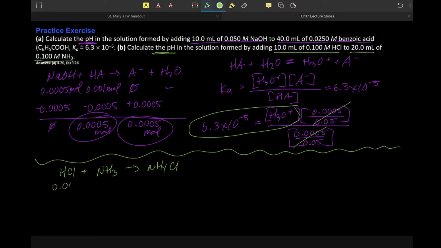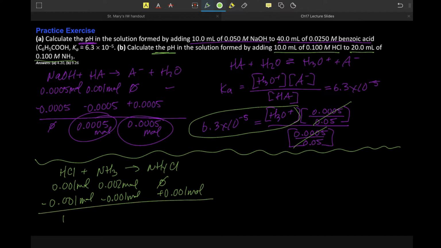Again, we're going to start with a RICE table and our initial values. Bearing in mind hydrochloric acid is a strong acid, which means it reacts completely, which means that we will consume all of it, bearing in mind that it is limiting, right? And we will consume that much ammonia and produce that much ammonium. And we'll see that we have the same exact scenario we did previously, right?